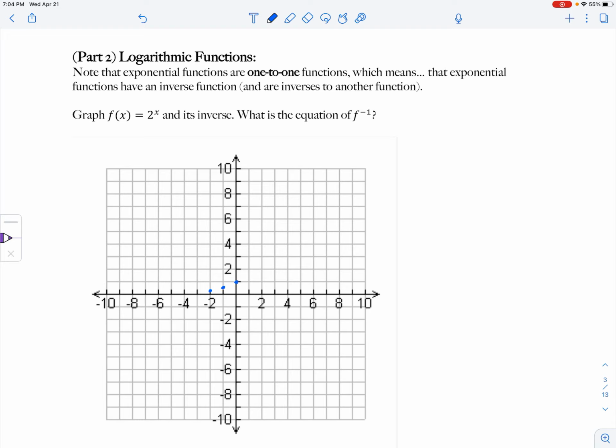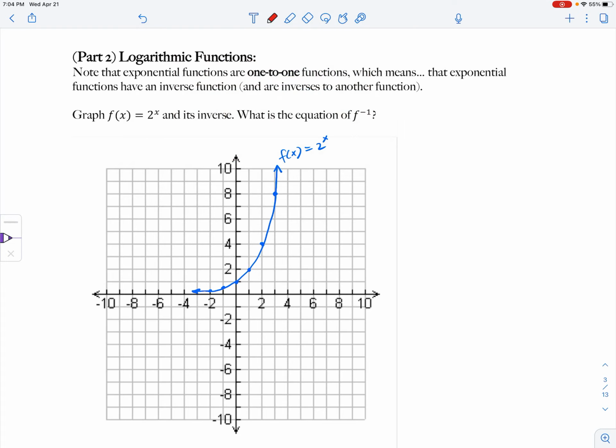If we plug in 0, we get 1. If we plug in 1, we get 2. We plug in 2, we get 4, and we plug in 3, we get 8. So what I've just drawn is the function f of x equals 2 to the x, the exponential function.